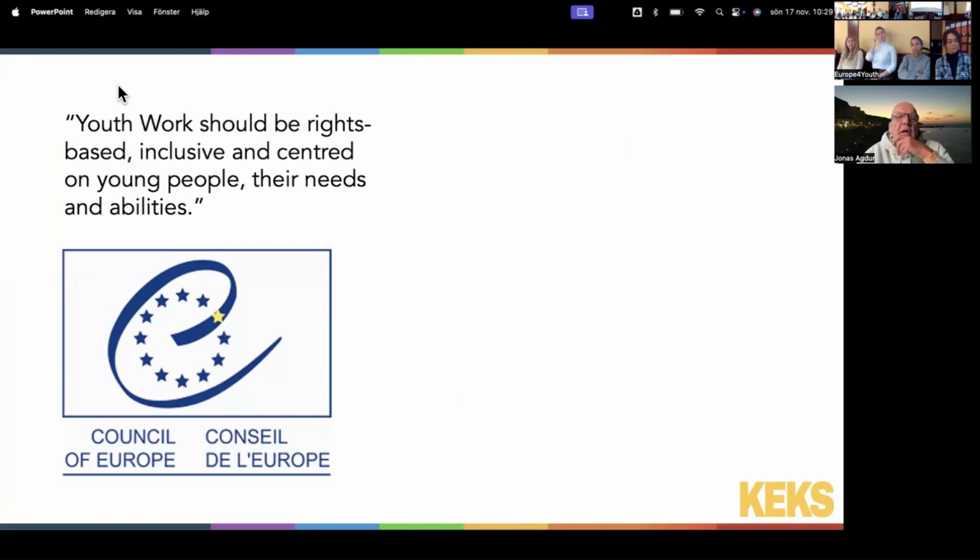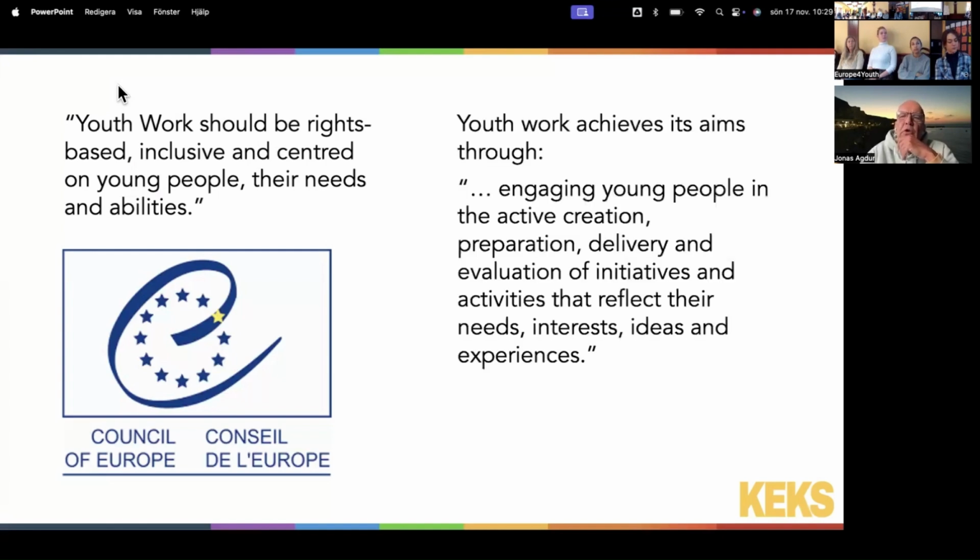Youth work should be rights-based, inclusive, and centered on young people, their needs and abilities. Youth work achieves its aims through engaging young people in the active creation, preparation, delivery, and evaluation of initiatives and activities that reflect their needs, interests, ideas, and experiences. And this sentence is important because there's a lot of talk about participation.